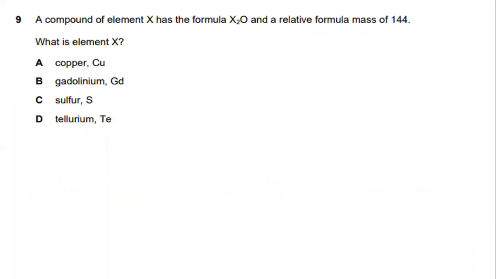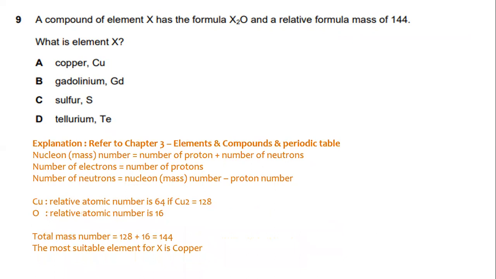A compound of element X has a formula of X2O and a relative formula mass of 144. What is element X? How do we use the formula to get the mass? Refer to chapter 3 under elements and compound and periodic table.